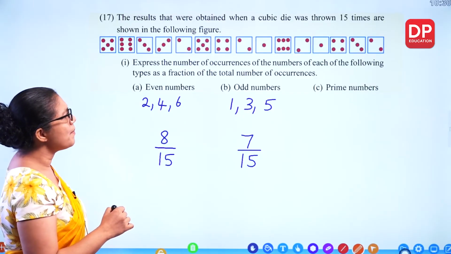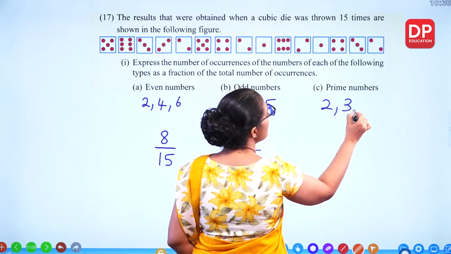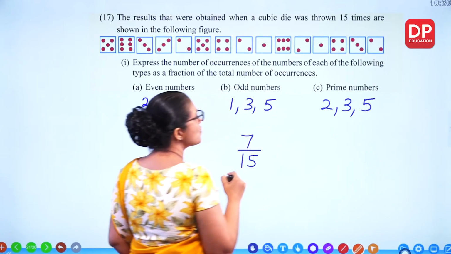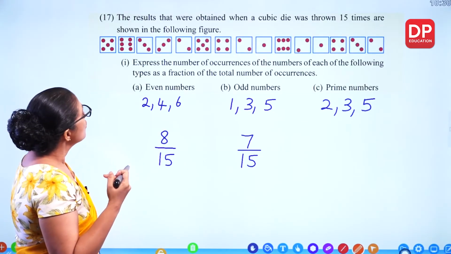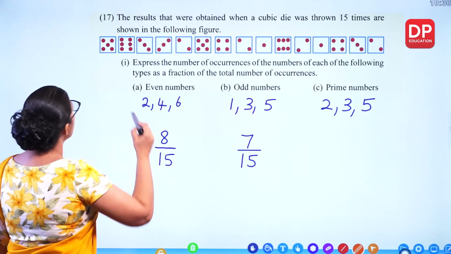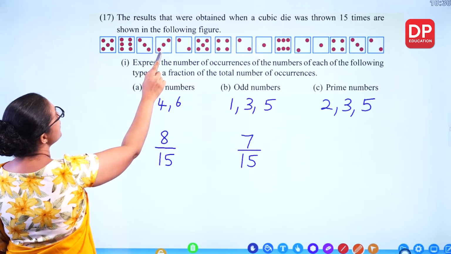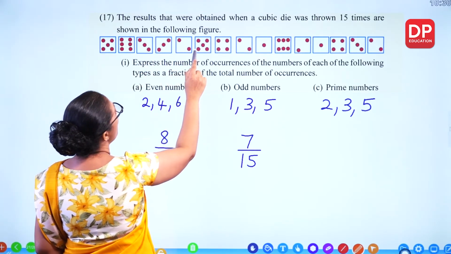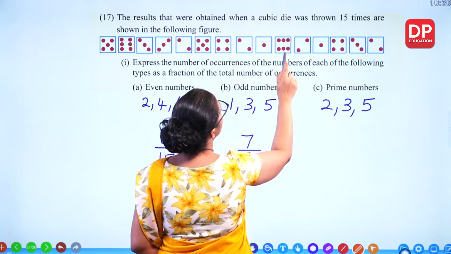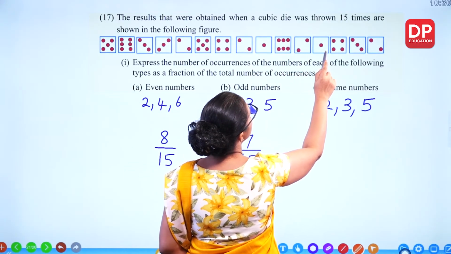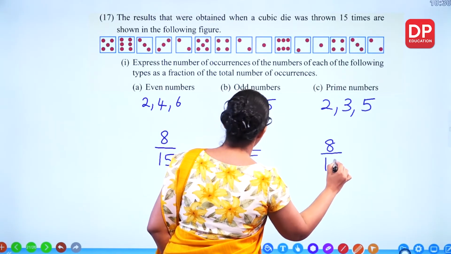And what are prime numbers? 2, 3, 5. Those are the prime numbers when you take a die, 1 to 6. So 2, 3, 5. What are the possibilities? 1, 2, 3, 4, 5, 6, 7, 8. 8 out of 15.